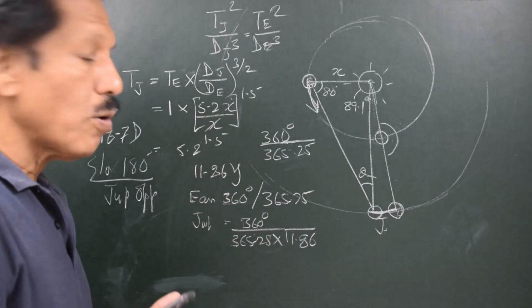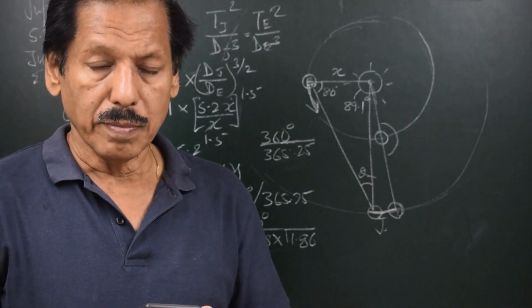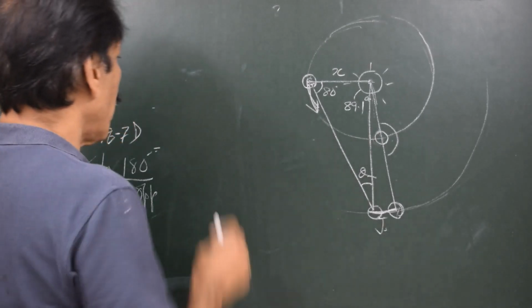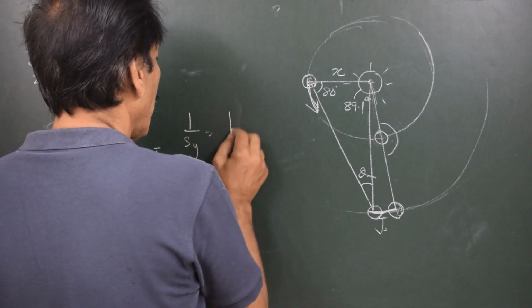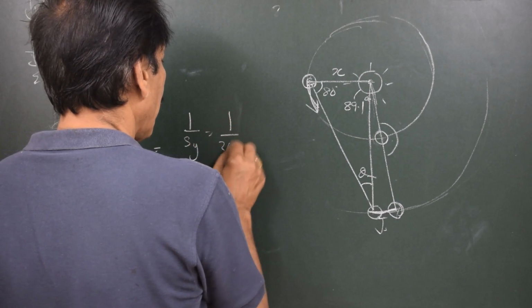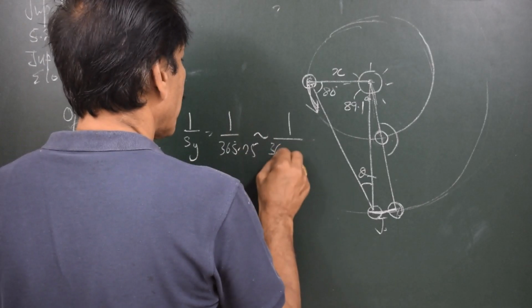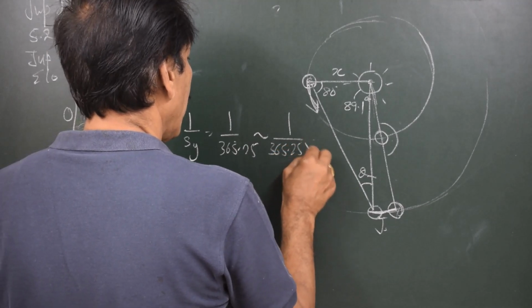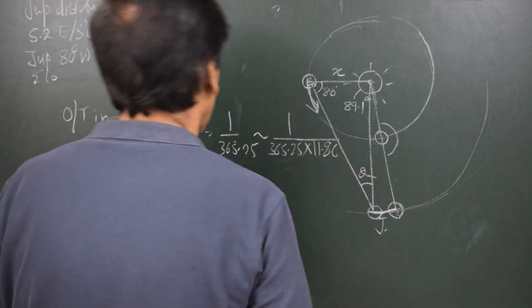We can also find out the synodic period of Jupiter by a similar formula. So 1 upon Sy is equal to 1 upon 365.25 minus 1 upon 365.25 into 11.86. Right?